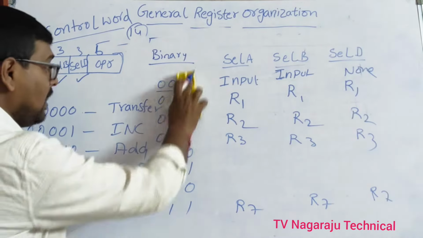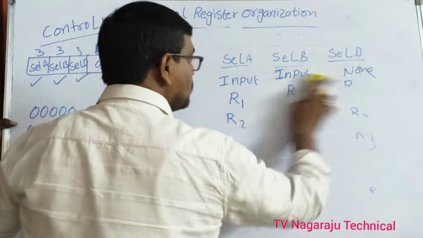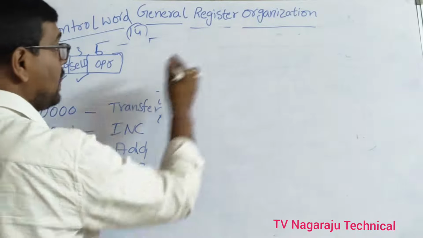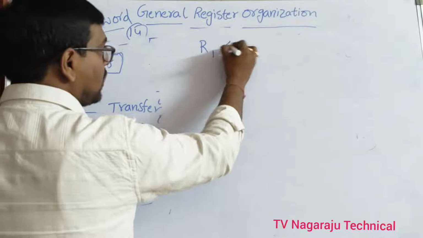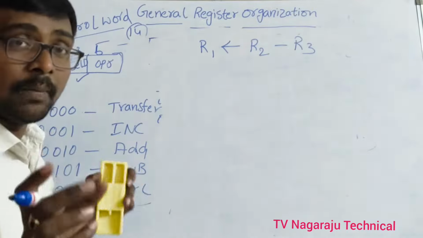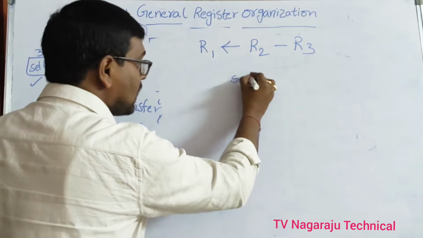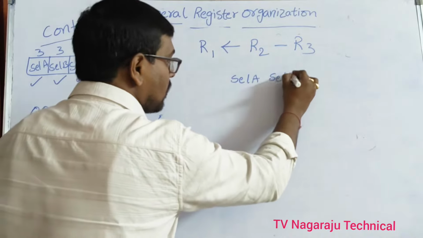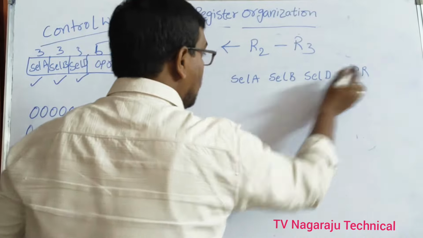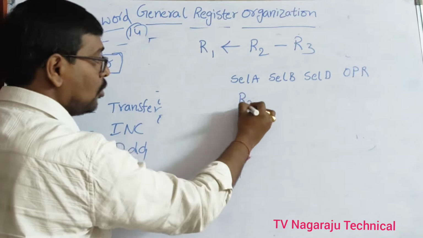Now finally, I will show you how to create a control word. Once you understand, everything is easy. My example is R1 ← R2 minus R3. This is your requirement. How is a control word formed? See this one: selection A, selection B, selection D, and then OPR. First, selection A selects register R2.